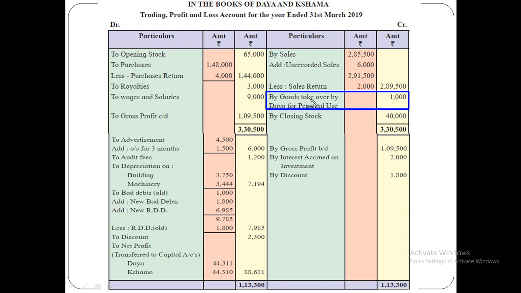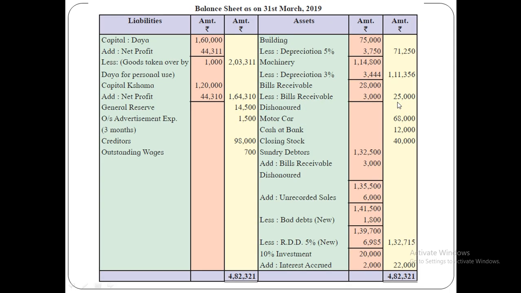Here: by goods taken over by Daya for personal use 1,000. This is the first effect. The second effect is we have to deduct that particular goods taken by the partner from his or her capital. So we are deducting this: less goods taken over by Daya for personal use 1,000.